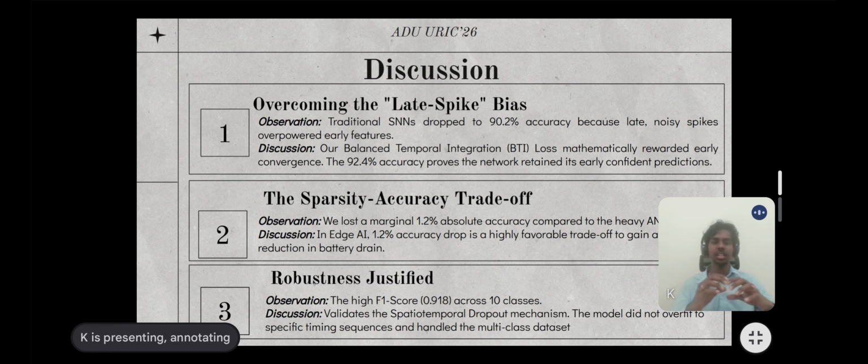Next is robustness. Across multiple classes, it is a 10 class data set, and across all these we obtained great results. We checked the spatio-temporal dropout mechanism and noticed that it did not overfit in any of the rounds. So that shows that it's learning instead of just predicting based on the data set itself.